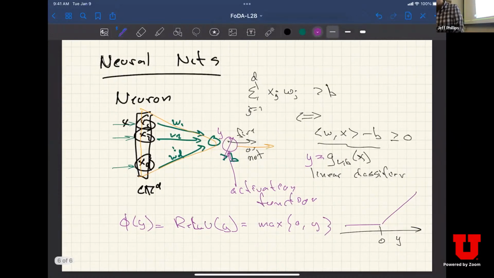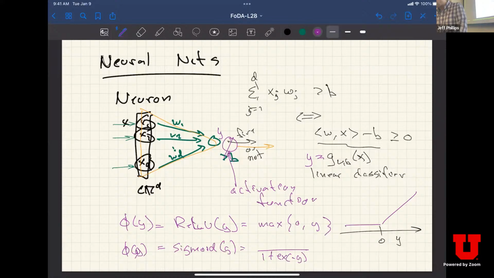Another common activation function is the sigmoid. This is 1 over 1 plus exp of negative y.